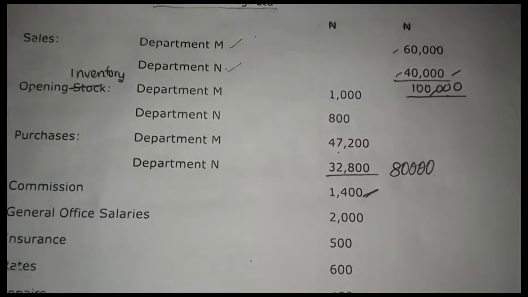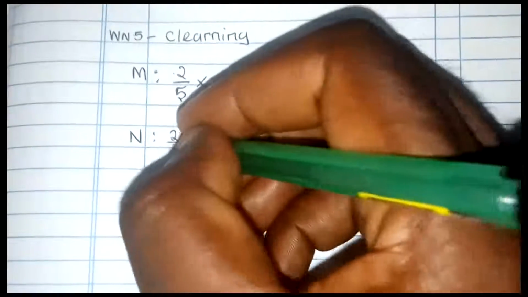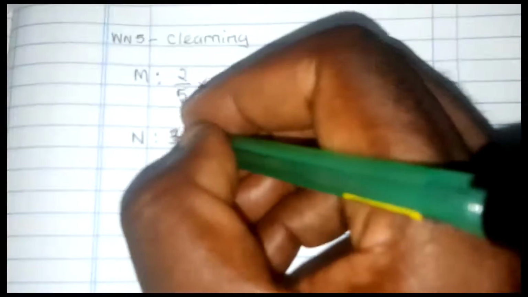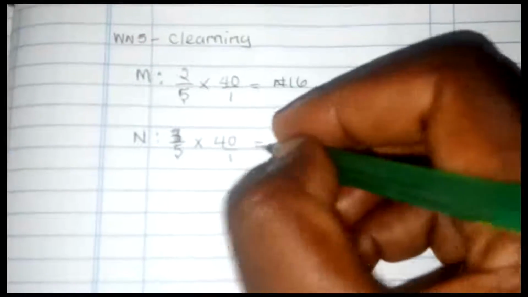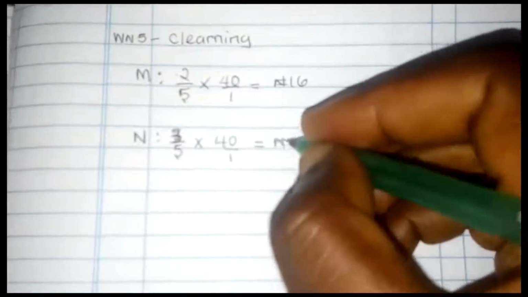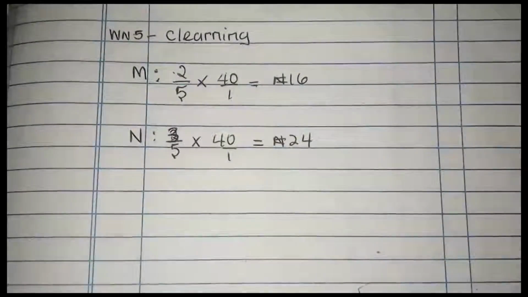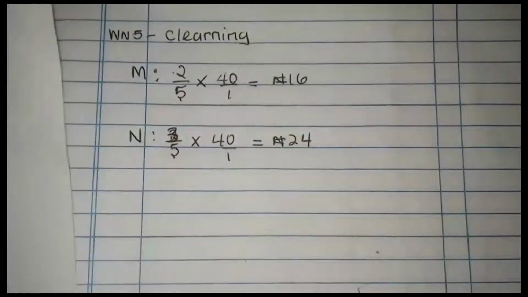Can you see that? So we have 40 over 1, and this will give you 16 naira. Then for N will be 3 over 5 multiplied by 40 over 1, and this will give you 24. Then you continue the rest like that.